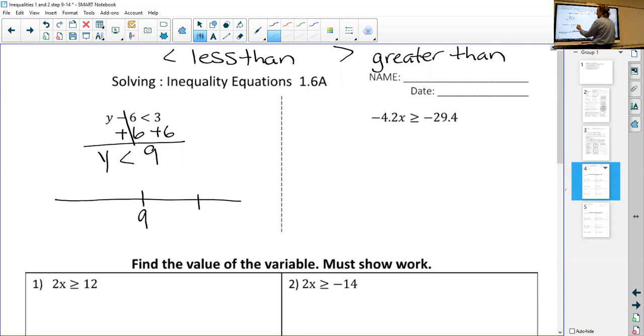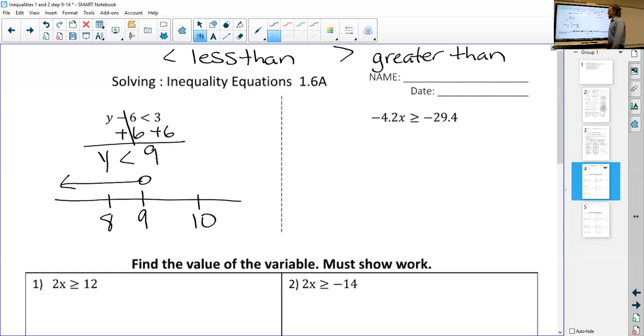If we want to graph this, let's make sort of a lazy graph, totally equally spaced out. The way we graph these, if it's a less than or greater than, you signify that with an open circle. And then since it's less than 9, it's going to be all the values to the left of that. So that is what our graph would look like.